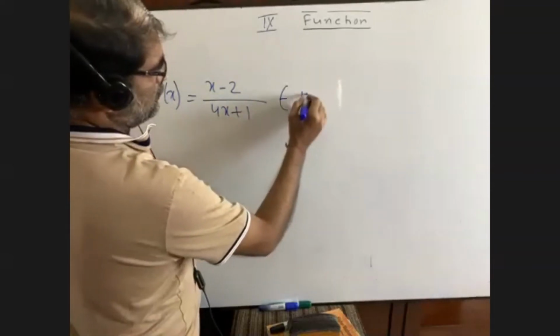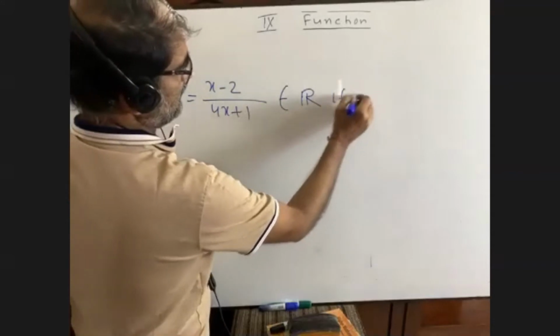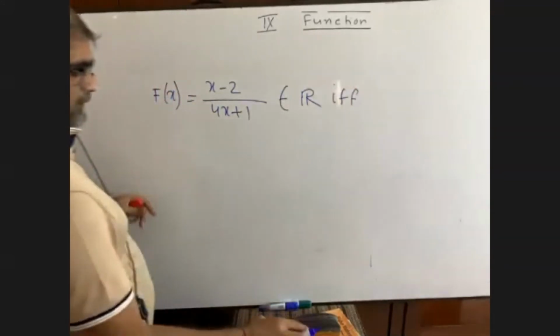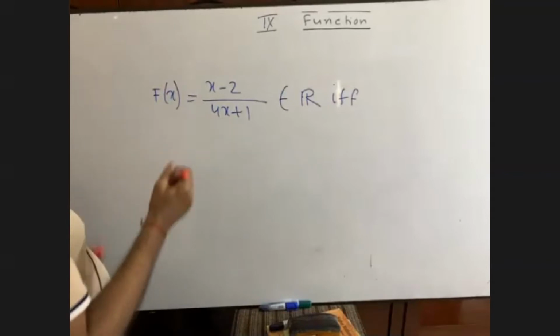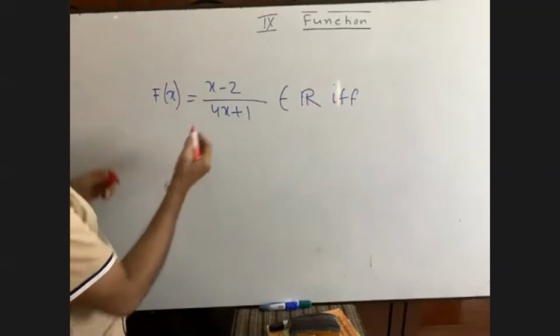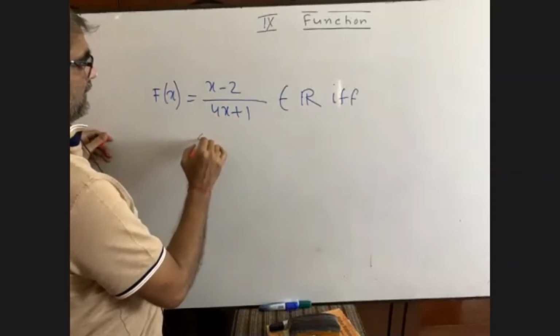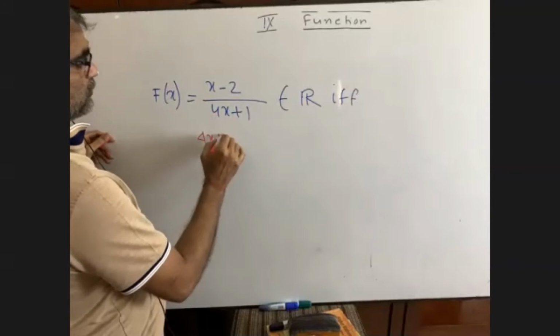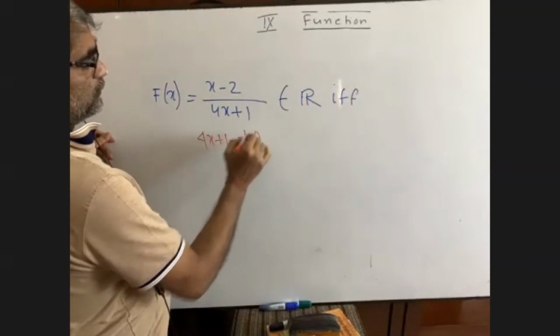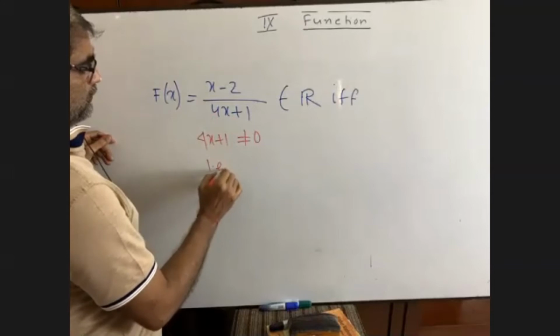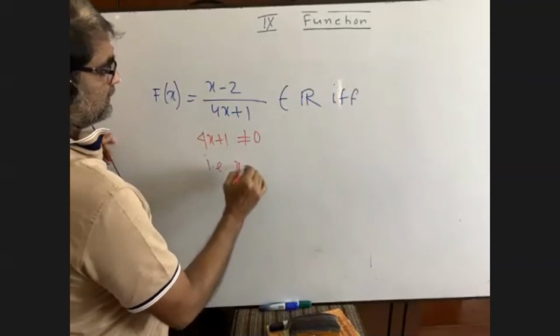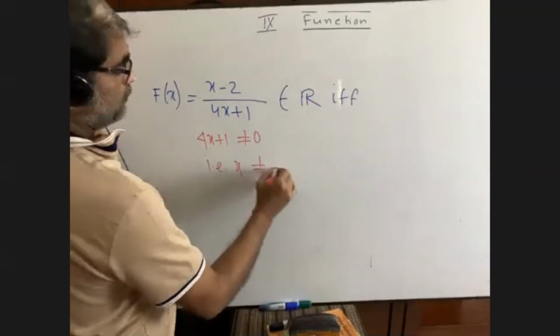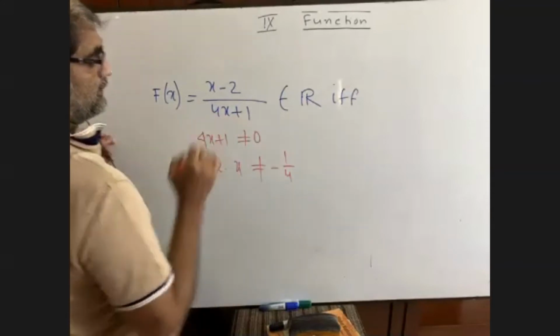Write down x belongs to R if and only if. For a fraction, you will give emphasis on the denominator. 4x plus 1 is not equal to 0. From here we can write x is not equal to minus 1 by 4. Am I right?